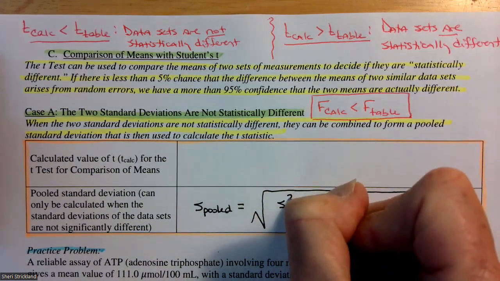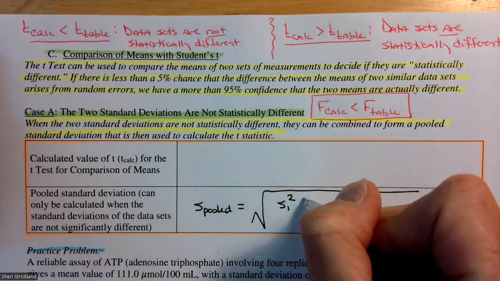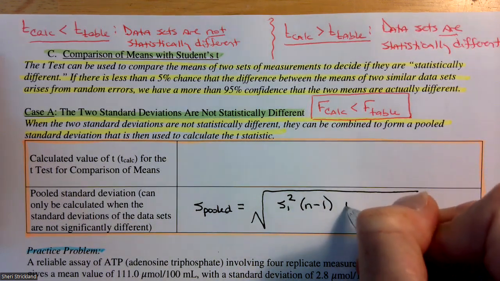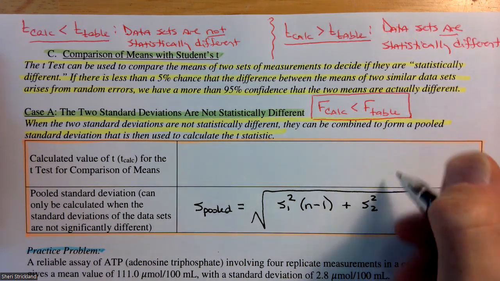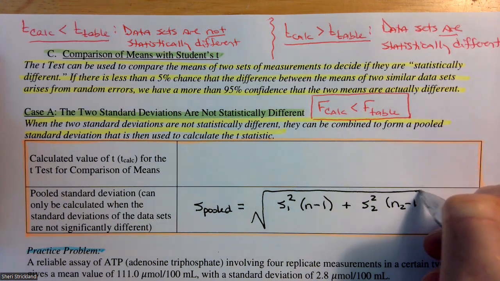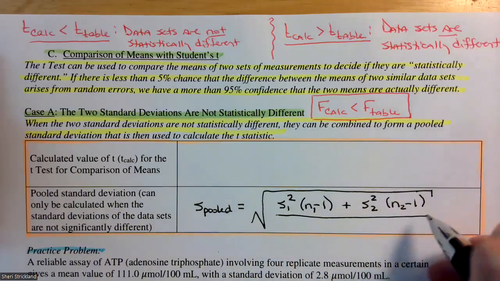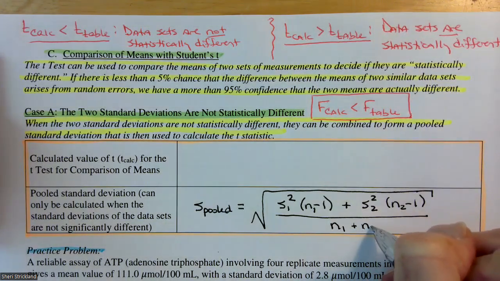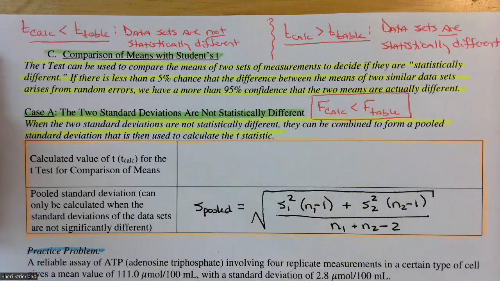We have the variance from the first data set times its degrees of freedom plus the variance of the second data set times its degrees of freedom, all divided by the total degrees of freedom, n1 plus n2 minus 2. And then all that is within the square root symbol.